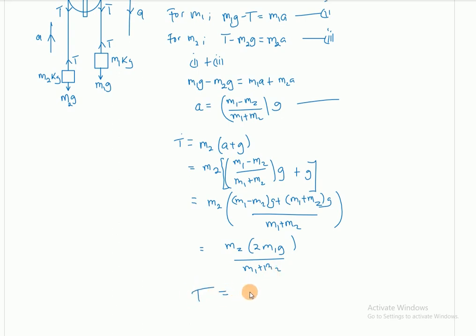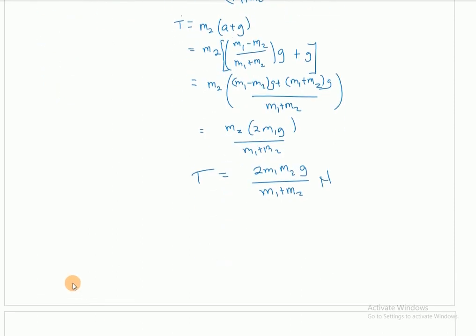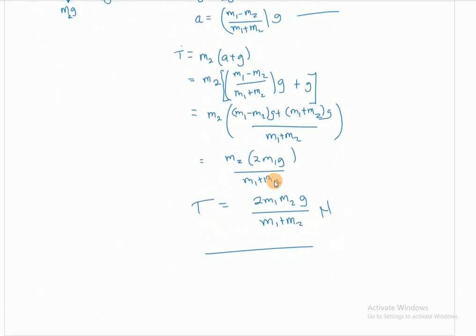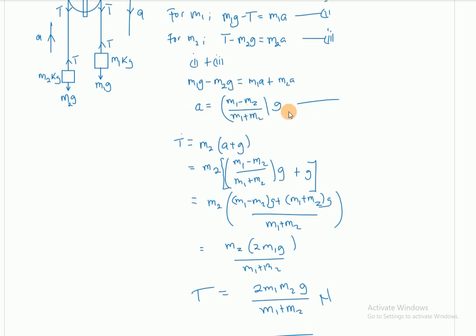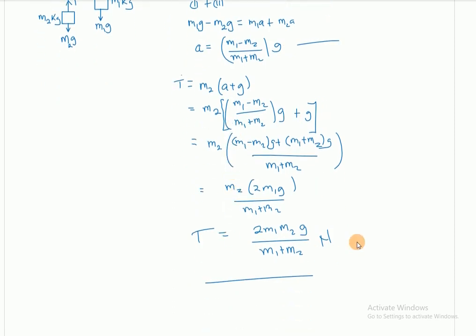So the tension is 2 m1 m2 g divided by (m1 plus m2). That is in newtons. The ensuing motion bears an acceleration in meters per second squared, and it creates a tension given by this expression in the strings.